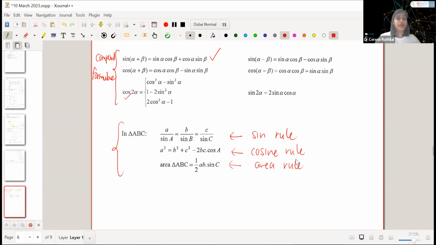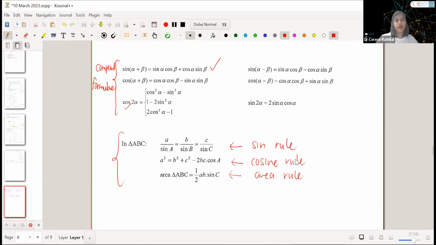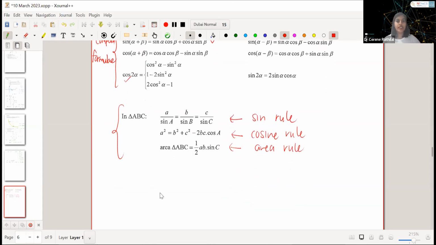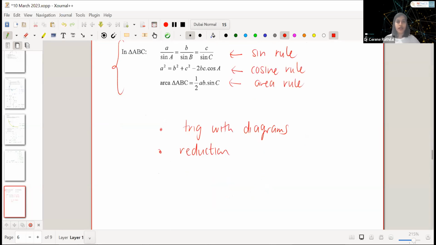Okay, so typically in the exam, you get assessed on various things. You would be getting assessed on trig with diagrams. You would be getting assessed on reduction formulae. What else?